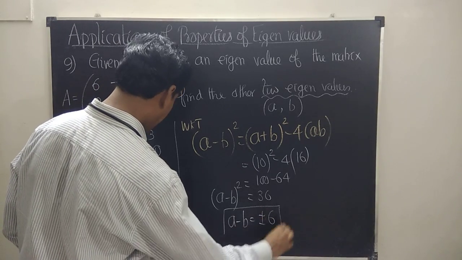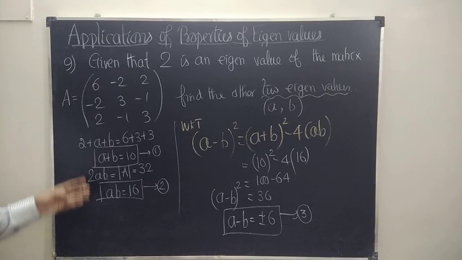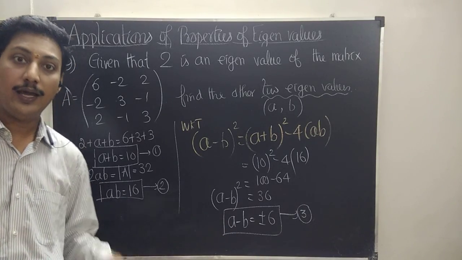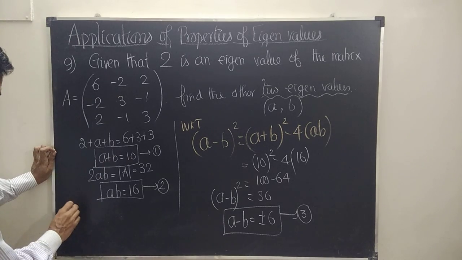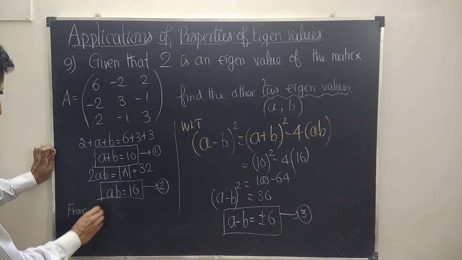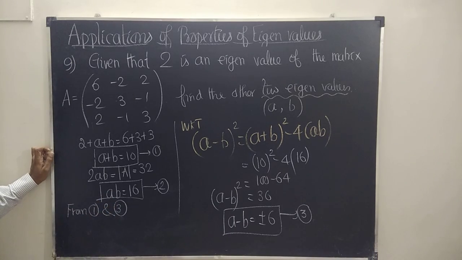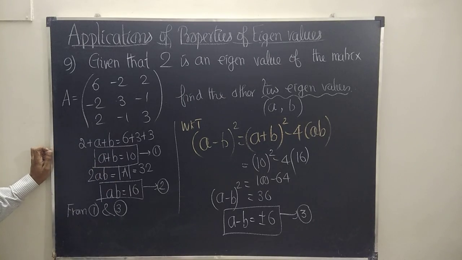Please kindly use equation number 1 and 3 to solve, and we get the A and B values. Solving 1 and 3, adding both, we get 2A equal to 10 plus 6, which is 16.